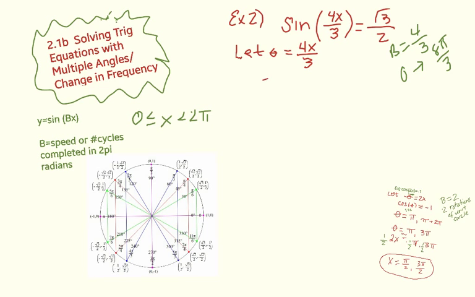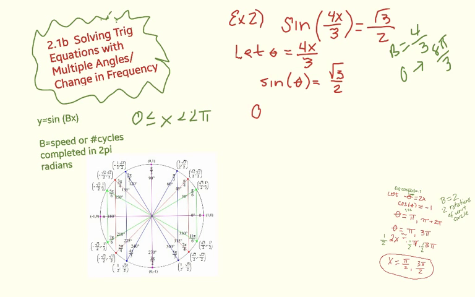So now I have sine of theta equals square root of 3 over 2. So if I look down at my unit circle here again, I want the y's to be root 3 over 2, so that's at pi over 3 and 2 pi over 3.